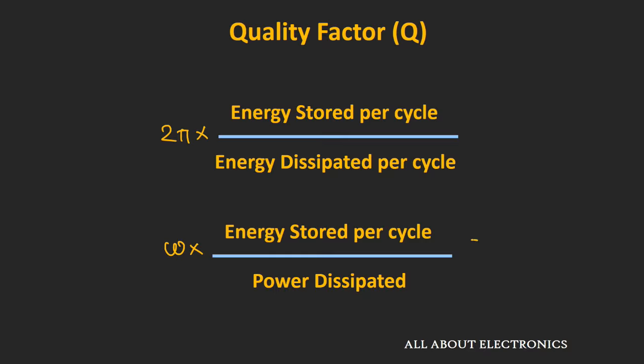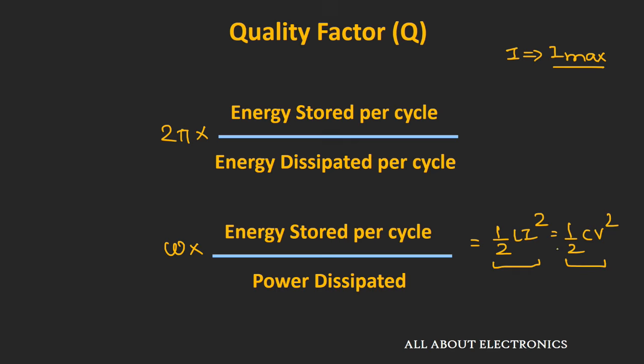Now we know that the energy across the inductor or capacitor can be given as half L I square, that is equal to half C V square. This term defines the energy stored across the inductor, and this term defines the energy stored across the capacitor. Now here this current I is nothing but the maximum current flowing through the circuit.